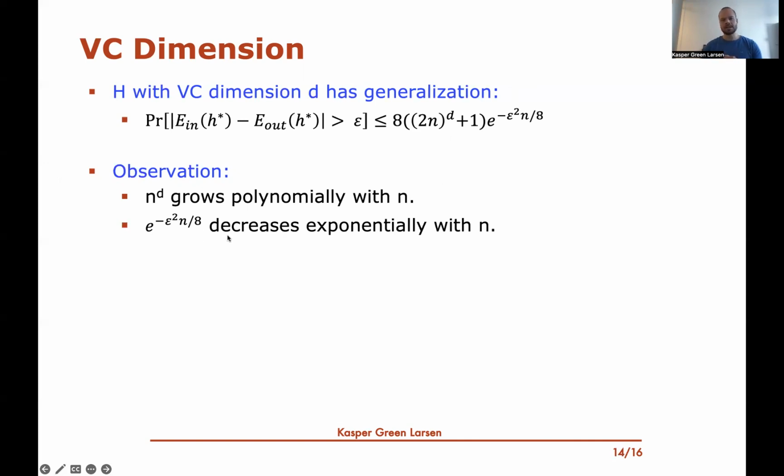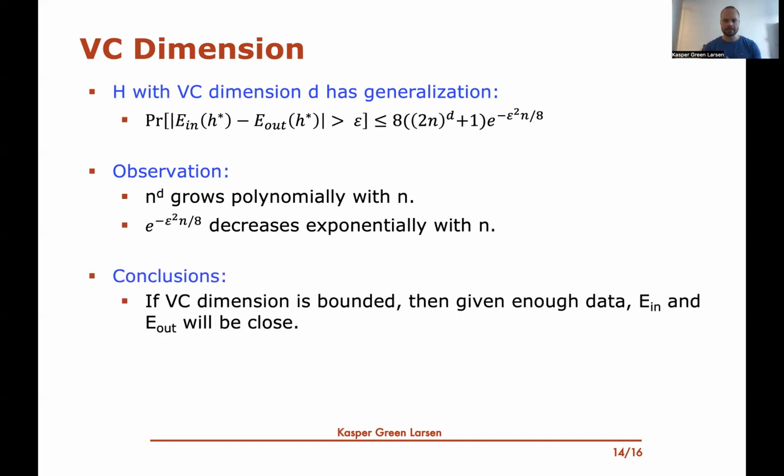Which means basically that as soon as I'm using a hypothesis set with a bounded VC dimension, then given enough data, I'm starting to get guarantees on the closeness of the in-sample error and out-of-sample error, right?